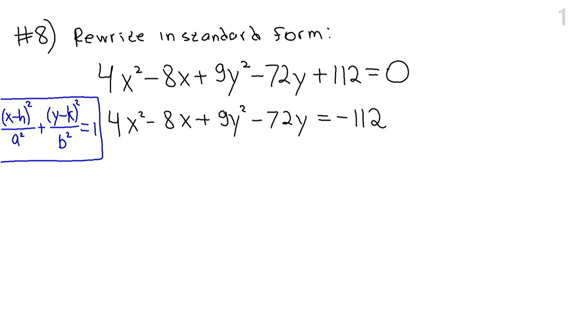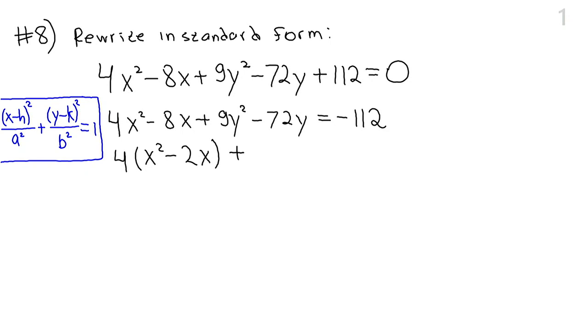So in this case, I'm going to factor the 4 out, and I'm going to rewrite it like this: 4 times x squared minus 2x.